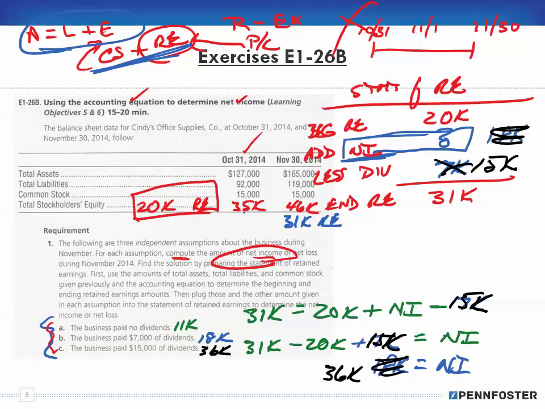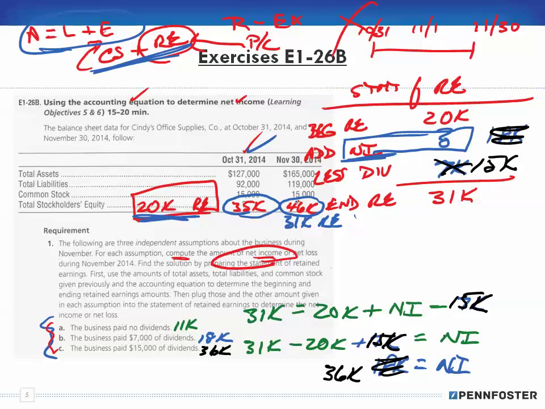So when I go to apply it, I'm taking my assets and liabilities, and I'm figuring out what my equity is. And when I can figure out my equity, if I know what my common stock is, that allows me to figure out my retained earnings for October. And I do the same thing for November. Assets less liabilities gives me total equity.